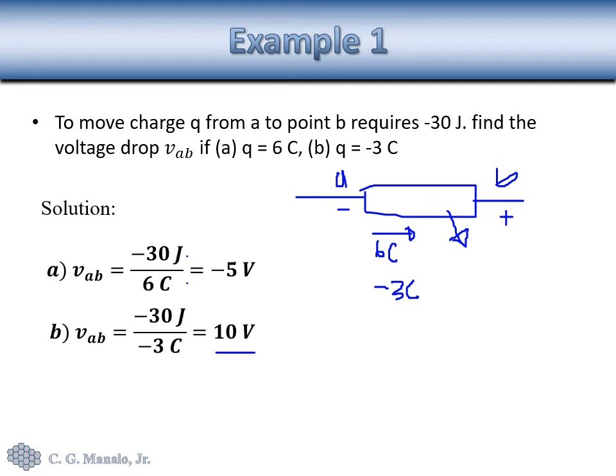So in that case, that would mean that the element is actually receiving the 30 joules. And that means that terminal A is more positive than terminal B.